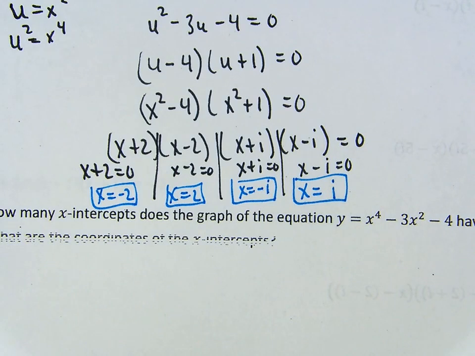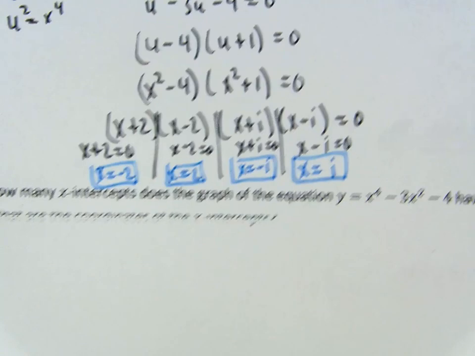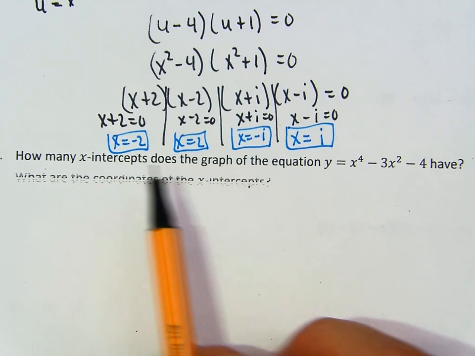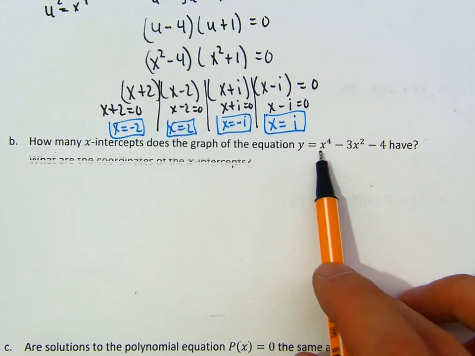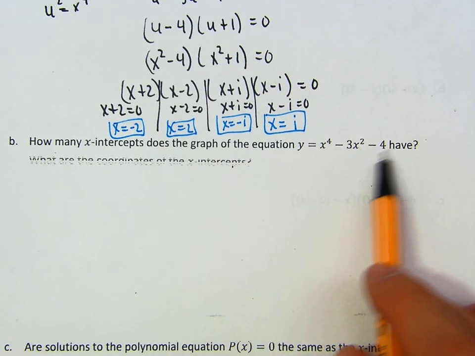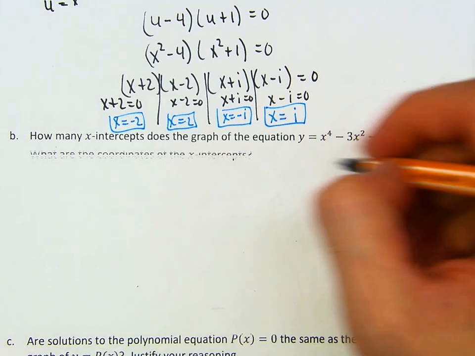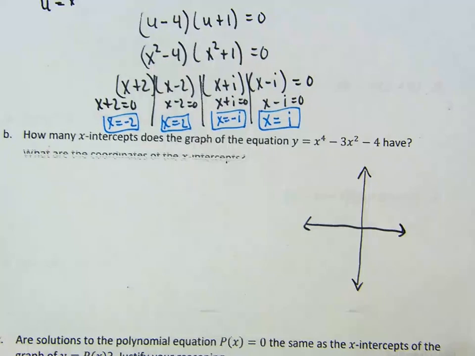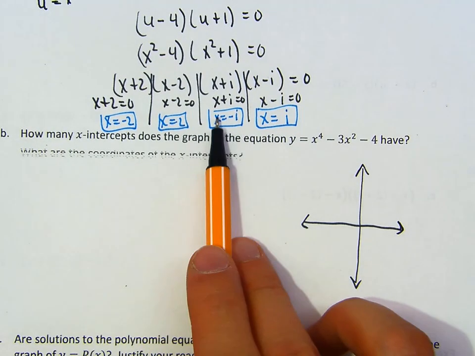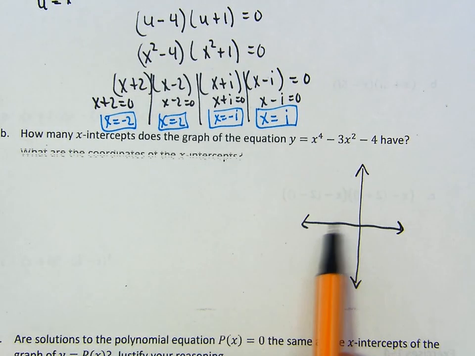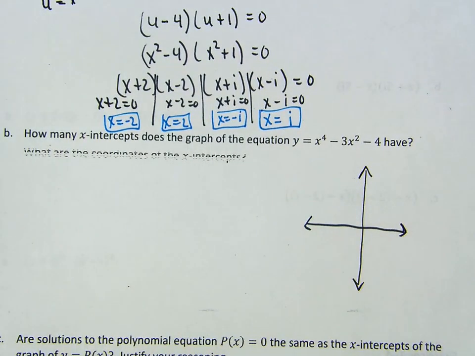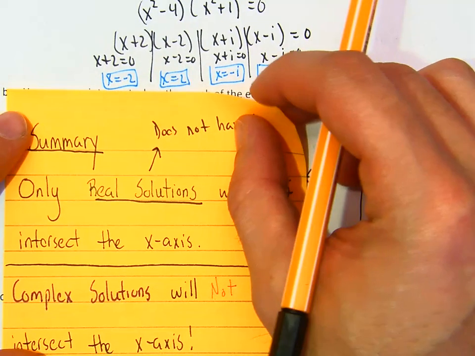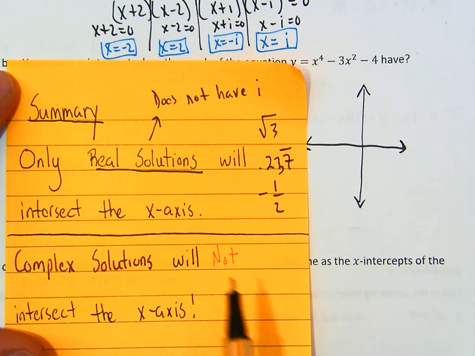Okay? Now here, let's look at this part. It says, how many x-intercepts does the graph of the equation x to the fourth minus 3x squared minus 4 have? So if you were to actually graph this, based on the solutions, where do the x-intercepts have to be? Okay? And this is from a little review from last time, just a little hint reminder.